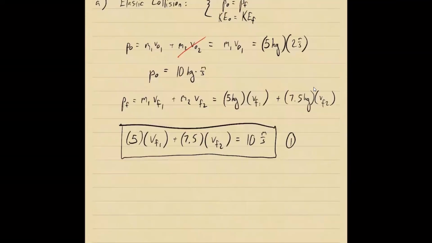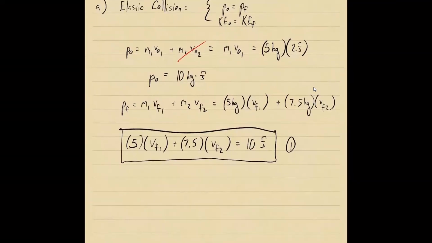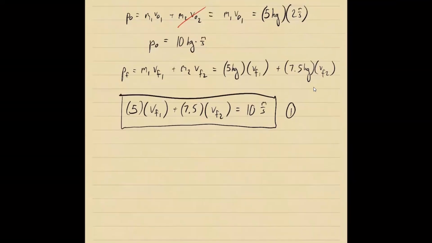Equation 1. And next up, we need to make use of the fact that the kinetic energy is conserved. Right? So our initial kinetic energy is going to be 1/2 m1 v1 squared plus 1/2 m2 times the initial velocity of the second ball squared. But again, the second ball initially isn't moving.